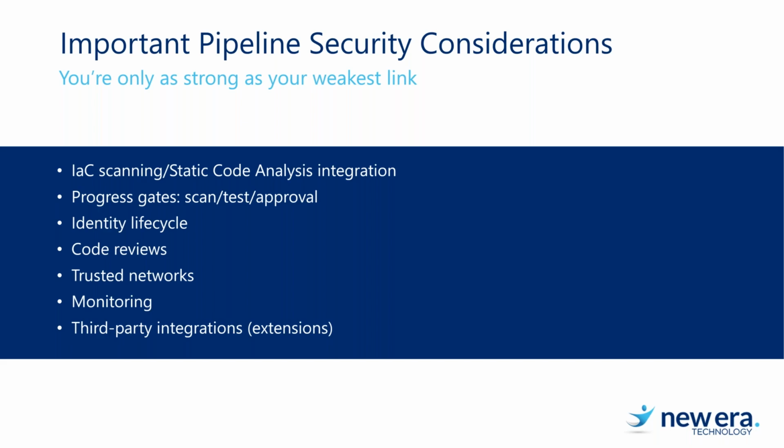Progress gates, whether they're an approval gate, a gate that depends upon the passing of test suites or scans, things of that nature. Identity lifecycling: any identity, whether that's a user account or a set of API keys for any service, user, or system that interacts with the pipeline, needs to have credential lifecycling in place.